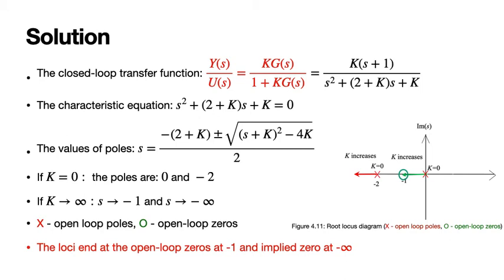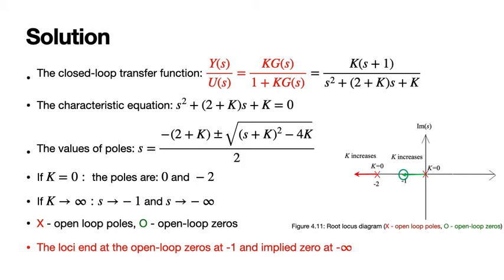So by solving this, we get the characteristic equation, which is s squared plus (2 plus k)s plus k. And then we can determine the values of the poles, the roots, using minus b plus or minus square root of b squared minus 4ac.